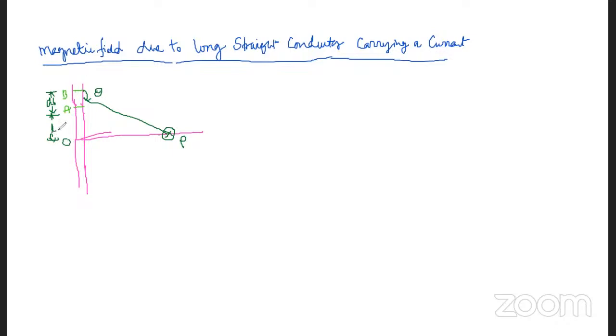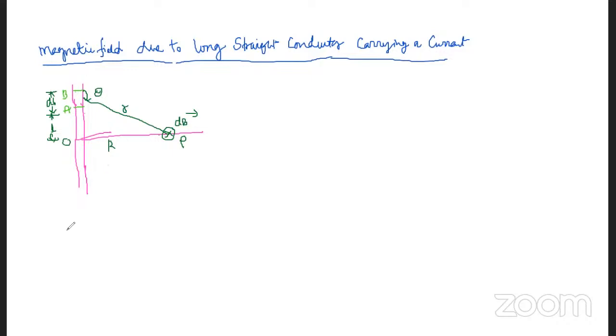The distance between O and P we consider as capital R, and this is the magnetic field which is going to develop, dB. This is another distance r.